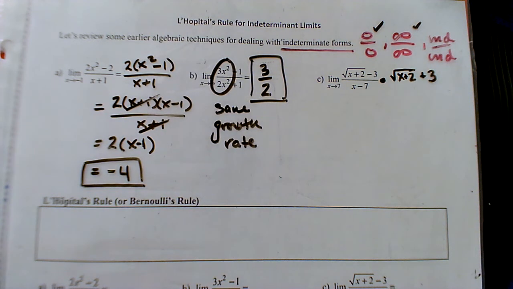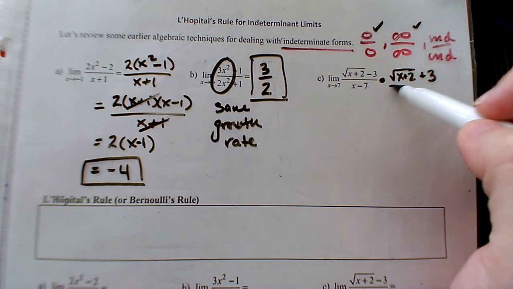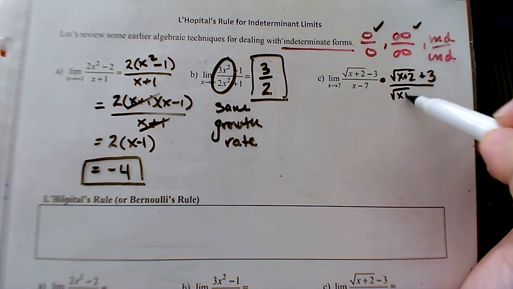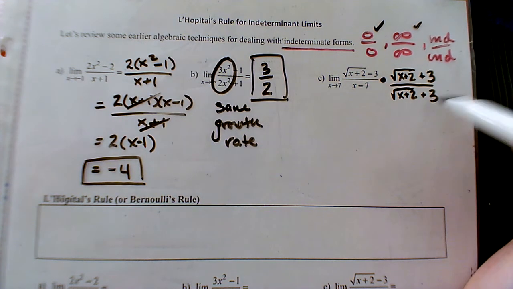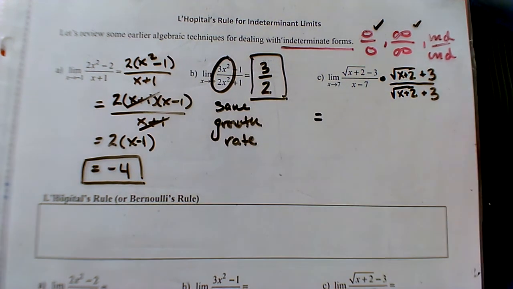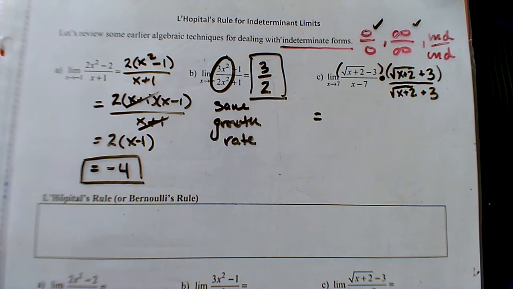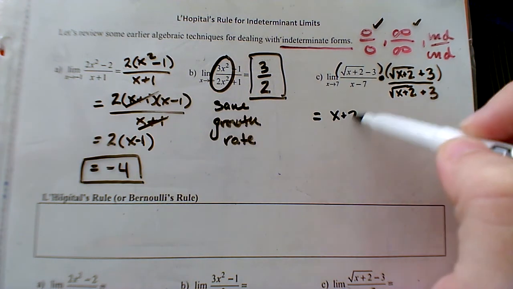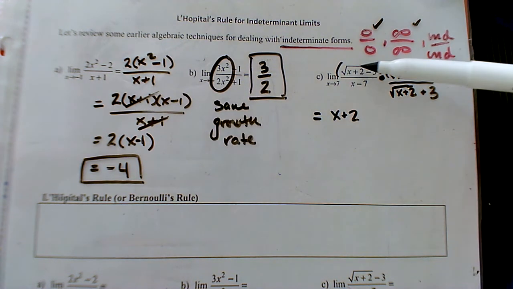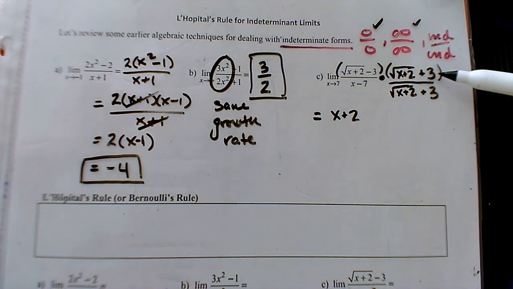So if we're going to multiply by the conjugate up top, we're going to have to multiply by that conjugate in the bottom. All right, let's see what happens there. So up top, we're going to do a little FOIL: first, outside, inside, last. Square root times square root are the same, so they're going to go away. We're left with x plus 2. Notice how the outsides would be a 3 square root, and then the insides would be a -3 square root.